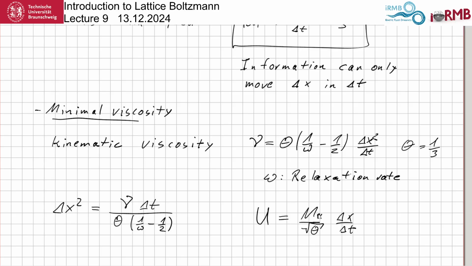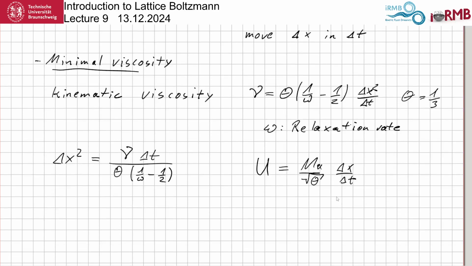So the Mach number, in diffusive scaling at least, is a variable parameter that you can choose. So you can choose your Mach number. This thing here is fixed. Now when you have a given Mach number and you have a given velocity in your physical problem, then you could solve this again for delta x, given a velocity, given a time step t, and that would result in this delta x. Or the other way around, you get a delta t.